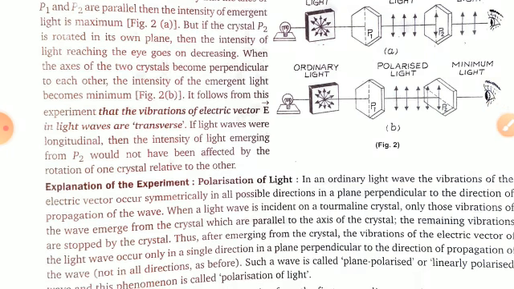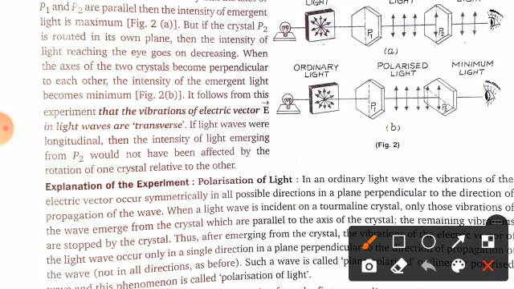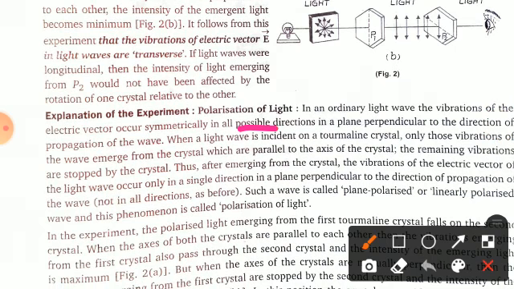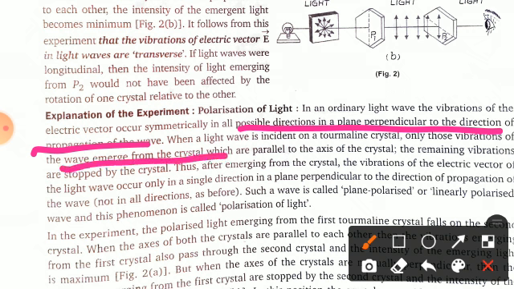Clear? Now this is the explanation of the experiment, polarization of light. In ordinary light waves, the vibration of the electric vectors occurs symmetrically in all possible directions in a plane perpendicular to the direction of propagation of the wave. Clear? This is written here. So when the light wave is incident on a tourmaline crystal, only those vibrations of the wave emerge from the crystal which are parallel to the axis of the crystal.